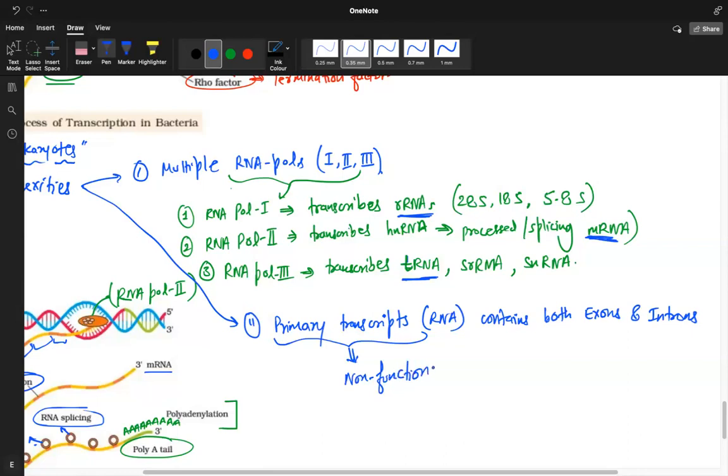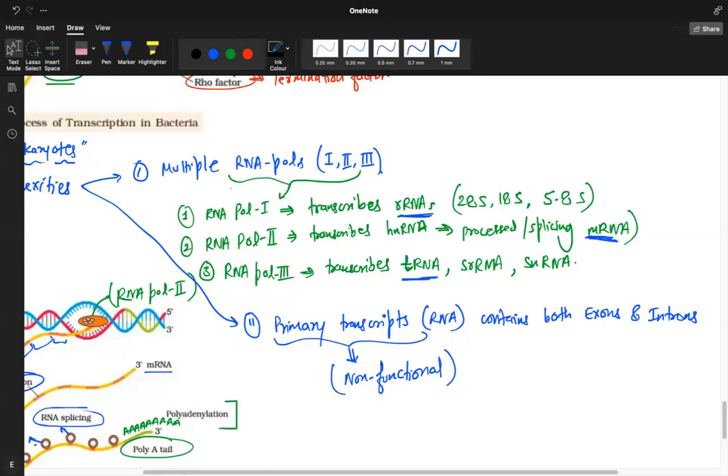You cannot use this as an RNA and give it to the ribosome to make a protein. Ribosomes won't be able to make a protein out of this primary transcript. It will not work unless you remove all the introns and stitch all the exons back together.